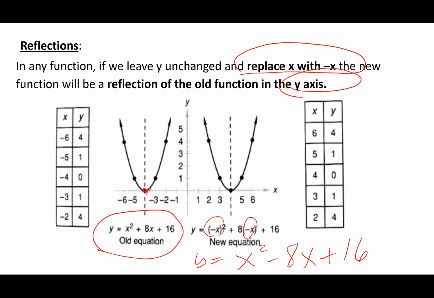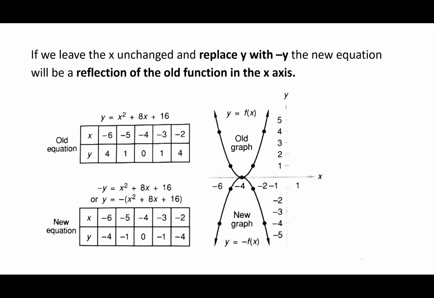If you want to reflect a graph across the x-axis, then you will leave the x unchanged and replace all the y's with negative y. In this situation, you've got this graph here, which is opening upward.